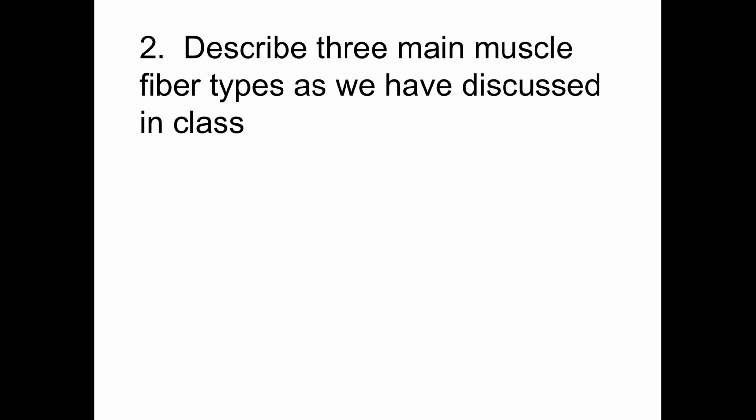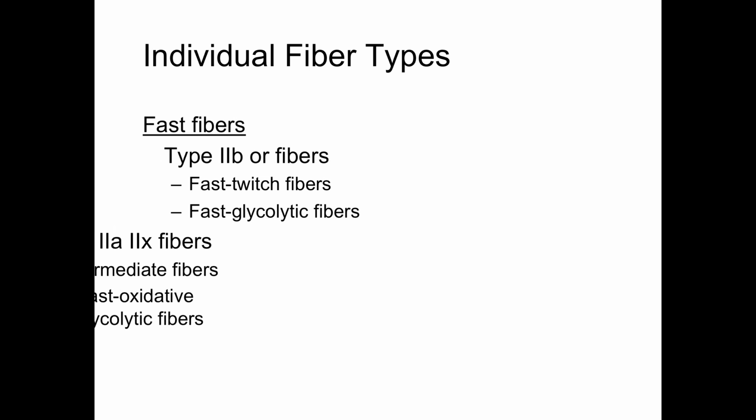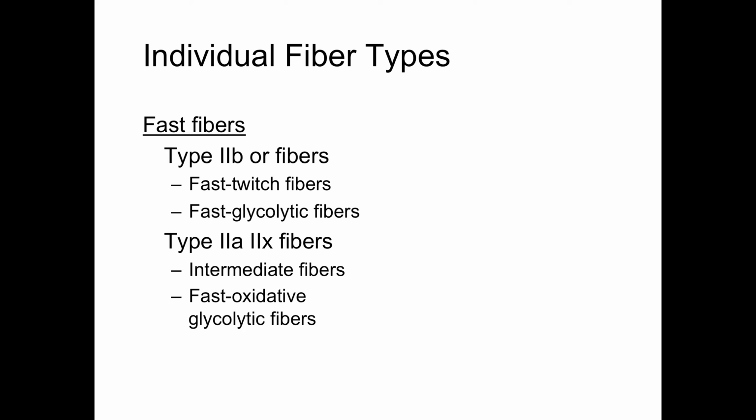Another question would be to describe what we've mentioned as the three main muscle fiber types. Be able to describe those individual fiber types and the names and abbreviations for them. The fast fibers consist of type 2B. They're fast twitch and fast glycolytic, so they do a lot of anaerobic or fast glycolysis. Intermediate fibers are also fast twitch.